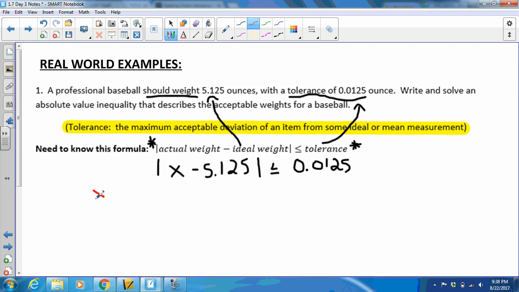Our first inequality is x minus 5.125 is less than or equal to 0.0125. For our next inequality, we have x minus 5.125, we flip the inequality so it's greater than or equal to, and then we negate our number, so we make it negative 0.0125.